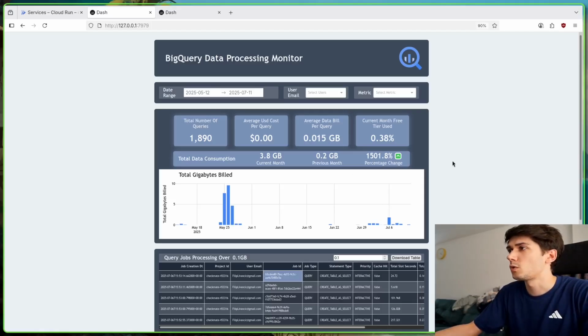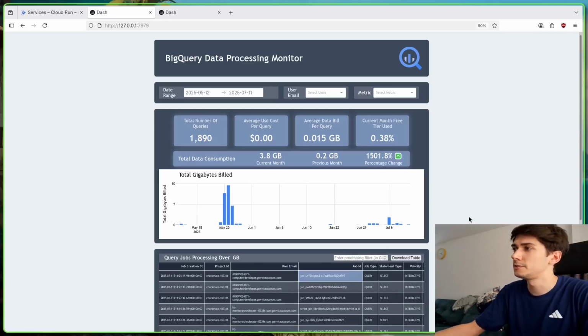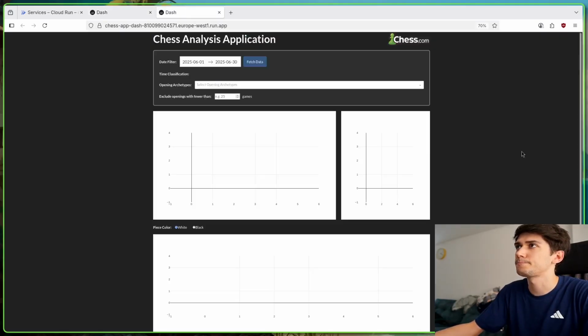So yeah, that's what we're working with here. I think we did a good job in terms of keeping it simple and easier to understand. I think we'll move on to the chess analysis application and show you what's going on there.